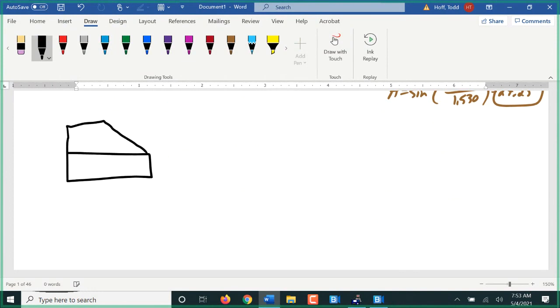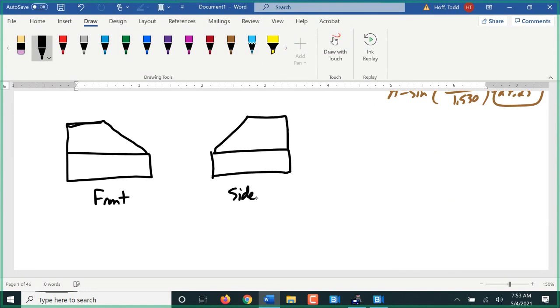And instead of giving you just the dimensions from the front and side views, if I give you this angle, let's say I tell you that this angle here is 36 degrees and this one here is 41 degrees.